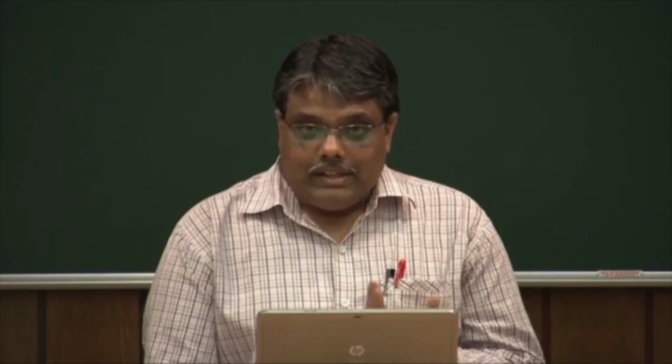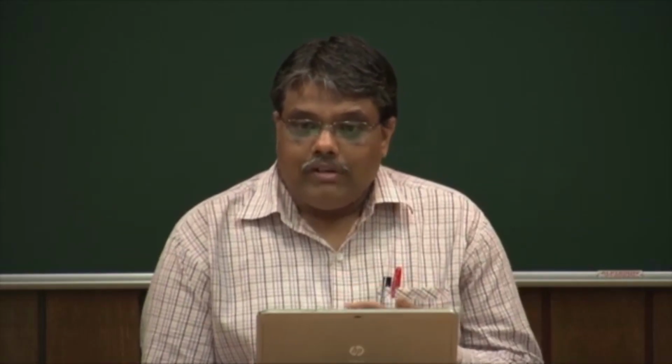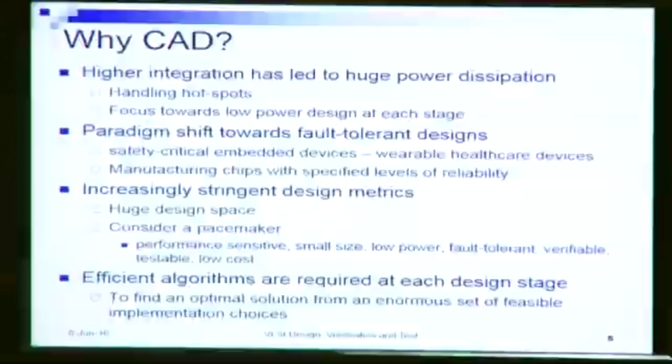It has to be low in area because it has to be placed within the heart. It has to consume low power. Why? The reason is that it has to run for years together within the heart. So therefore it cannot consume a lot of power. So therefore it has to be power efficient. It has to efficiently utilize the battery's power.